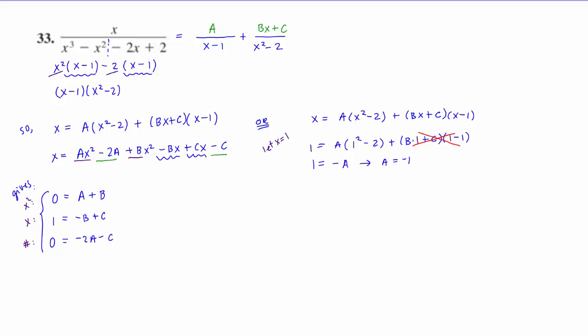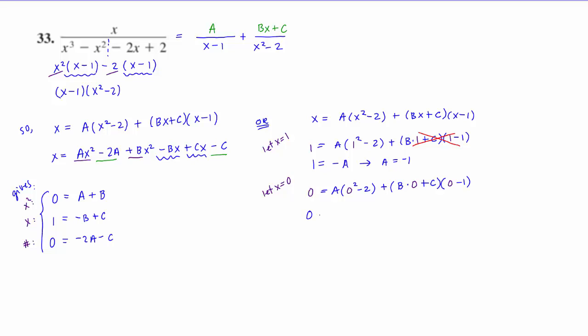We need to still find b and c, so you can go over to your system if you wrote it, or we can choose another convenient value for x. For example, I'd like to let x be 0 next. That's an easy one. 0 equals a times 0 squared minus 2 plus b times 0 plus c times 0 minus 1.